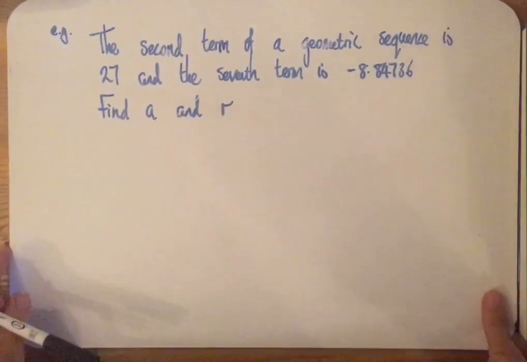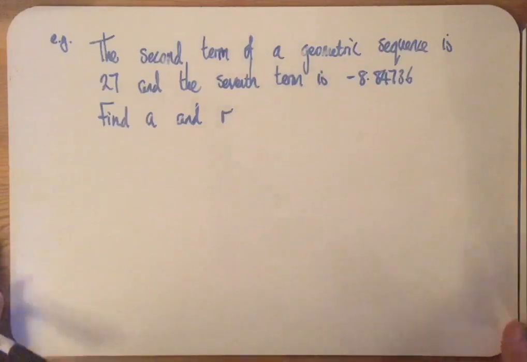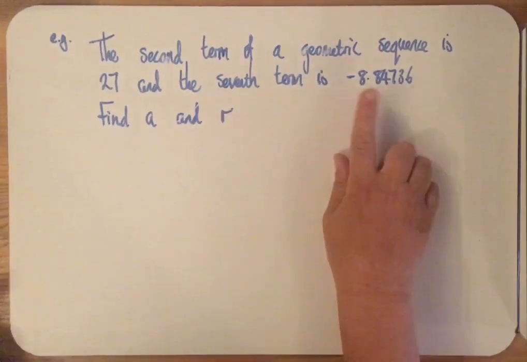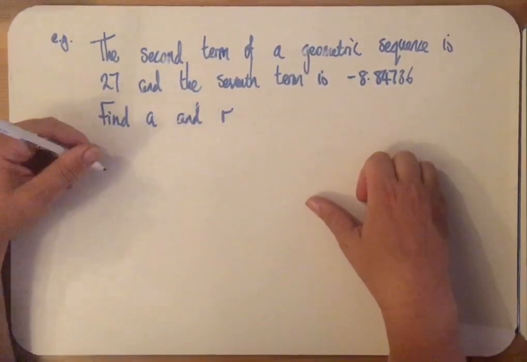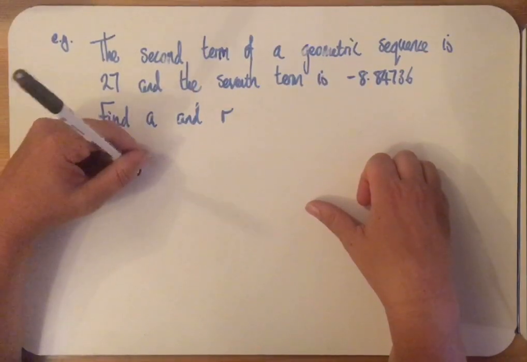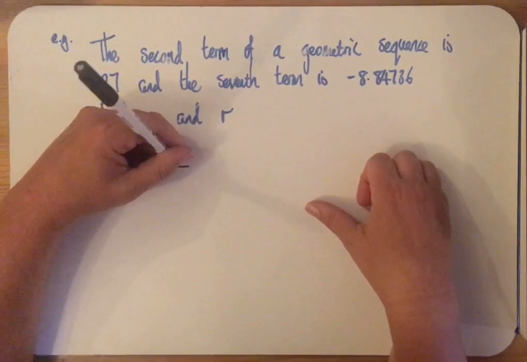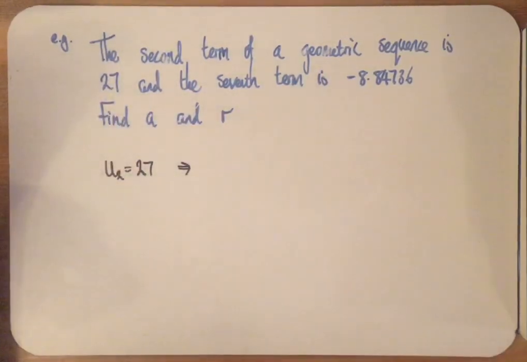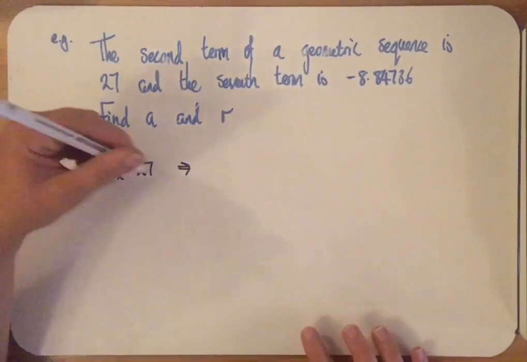Second one, I've deliberately made the numbers awkward in these so that you can't just see the answer. Right, we have the second term is 27 and the 7th term is negative 8.84736. So second term equals 27. Similar to before with the arithmetic ones, you need to think about setting up simultaneous equations.